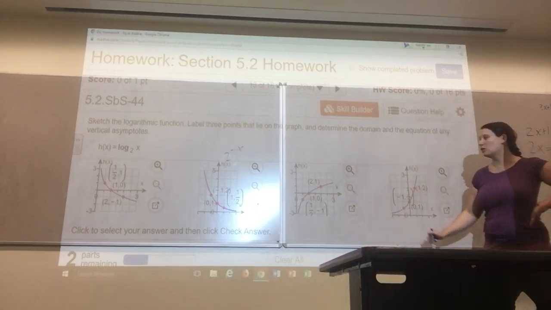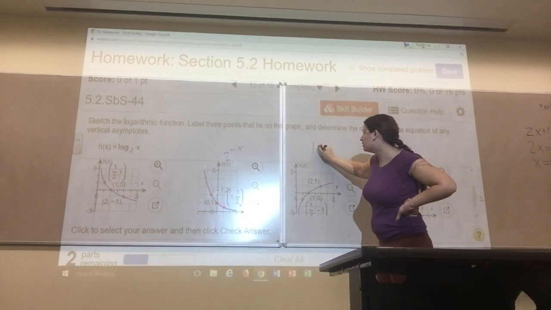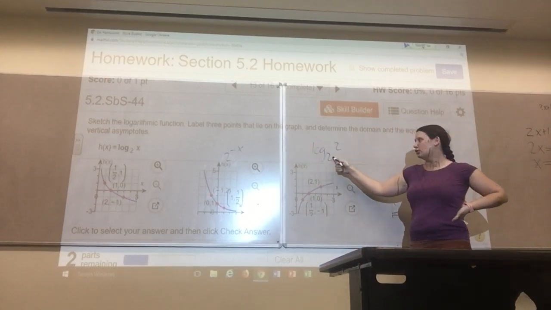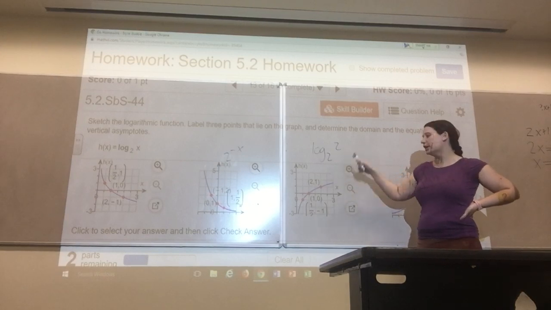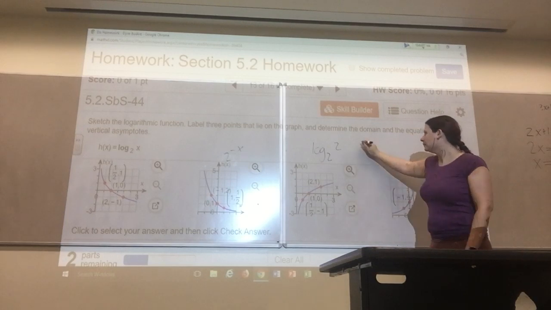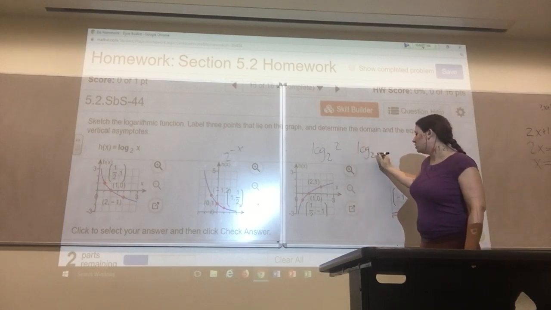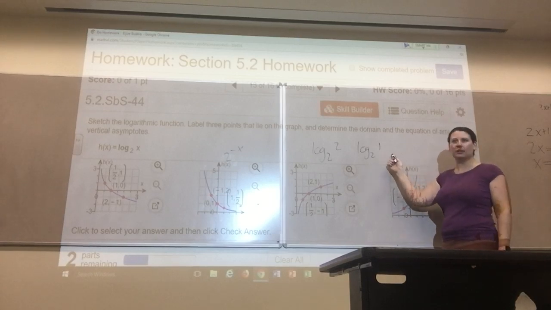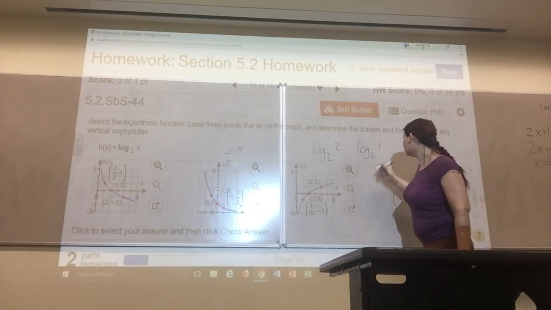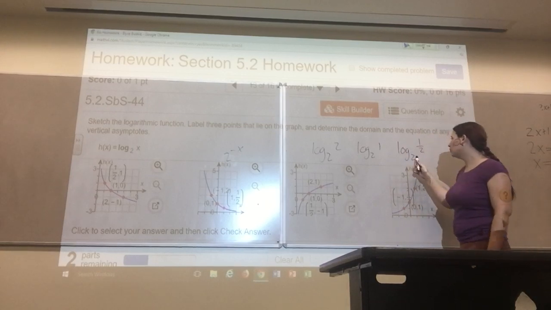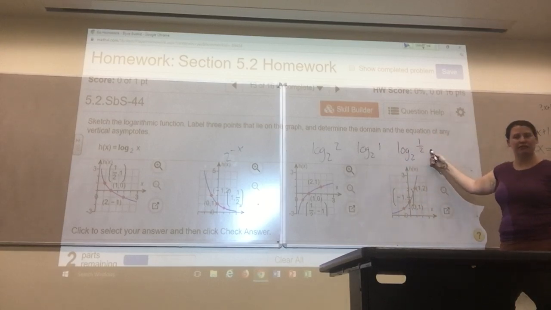So like what I'm saying here is if we do log base 2 of 2, what exponent on 2 would give us 2? 1. Plug in 2, get 1. Okay, that one works. Log base 2 of 1, what exponent on 2 gives 1? 0. That's the output. Okay, log base 2 of 1/2, what exponent on 2 gives 1/2?